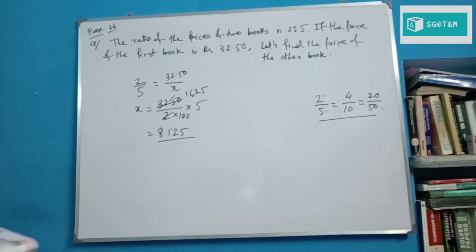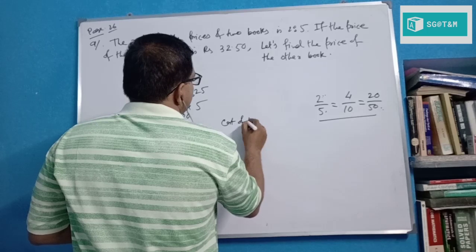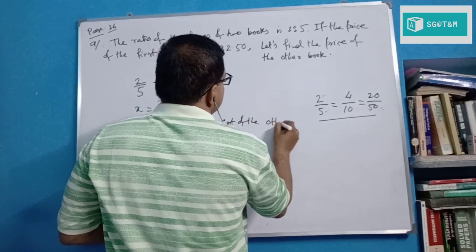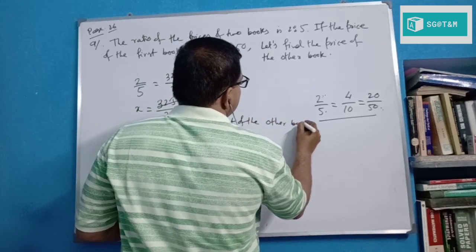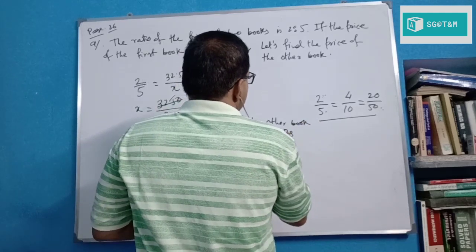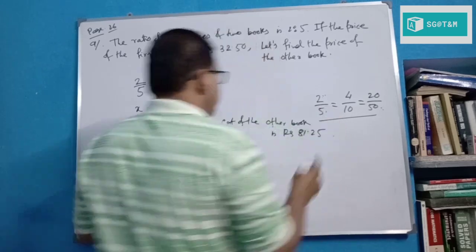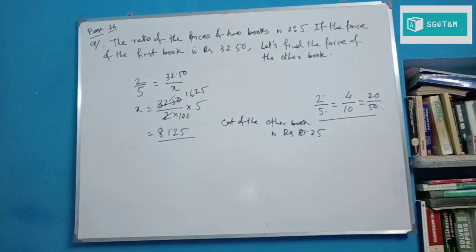So the cost of the other book is rupees 81.25. Cost of the other book is rupees 81.25.